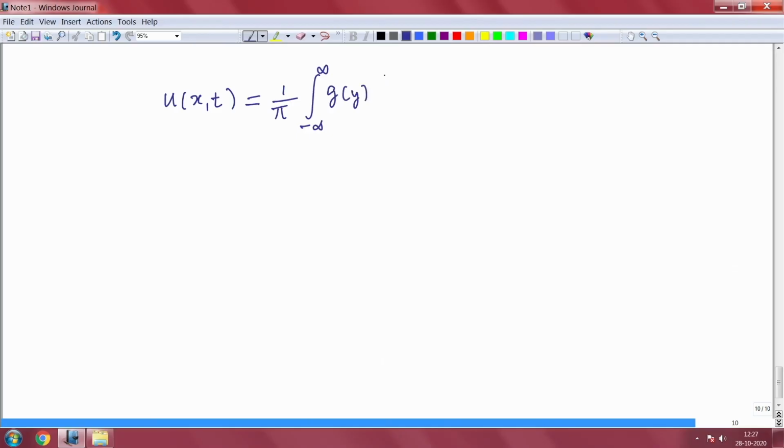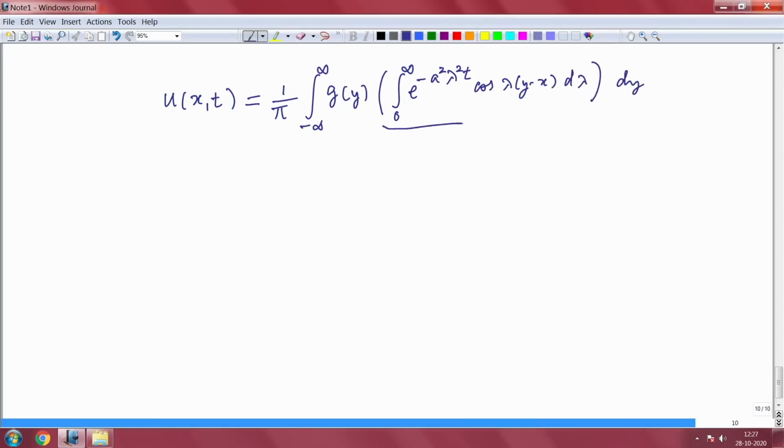G y, e to the minus a square lambda square t, cosine of lambda y minus x, d lambda, then dy.